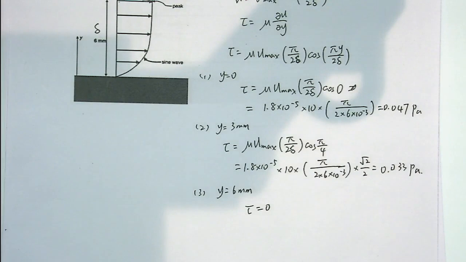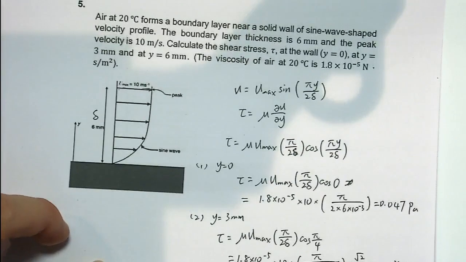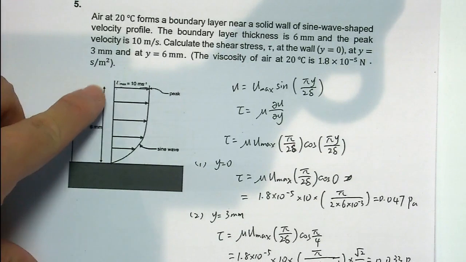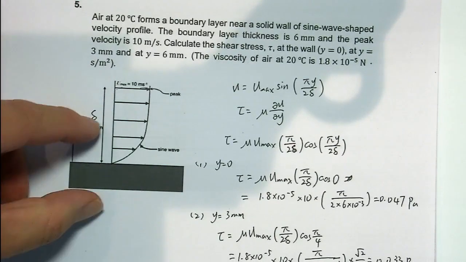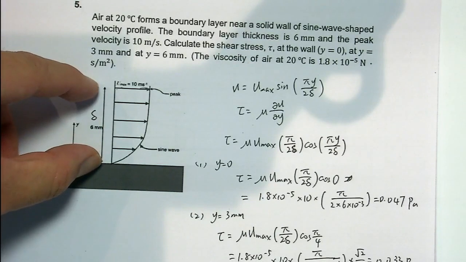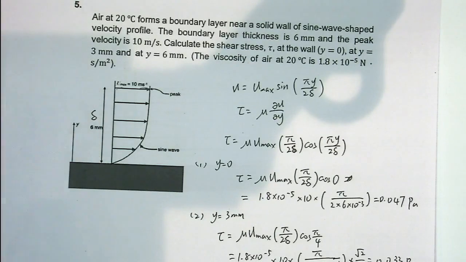I didn't understand the first part, how to determine that u is equal to u max sine pi y over 2 delta. You don't know how to get this? Yeah, the first one. Because we know it is sine wave-shaped, and the sine wave reaches the peak at the delta. So we put the delta into the term in the bracket of the sine, and we got pi over 2.